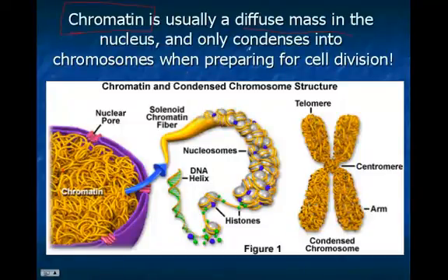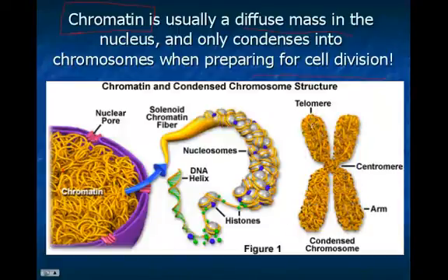However, okay, when we prepare to go through cell division, then we need the DNA to be condensed and nice and organized. And that is when your DNA is going to condense into these nice, pretty, what we call chromosomes. Okay?